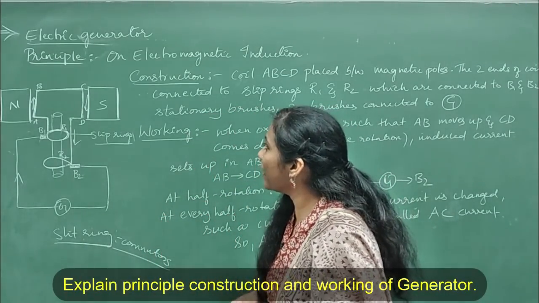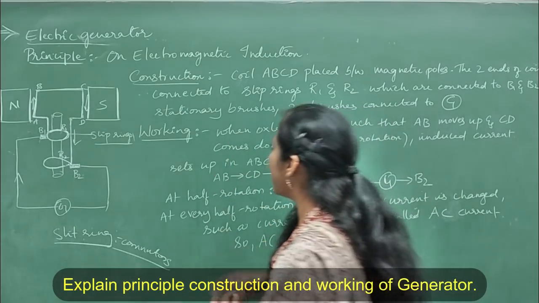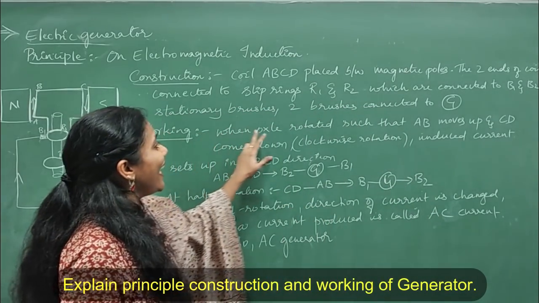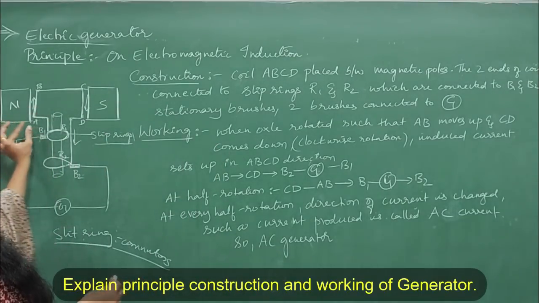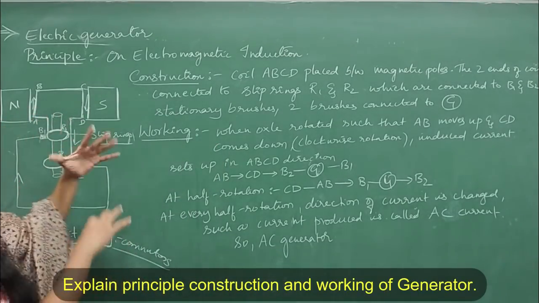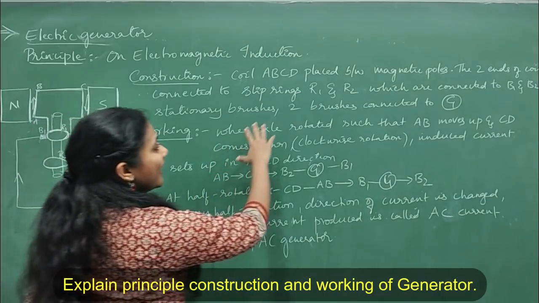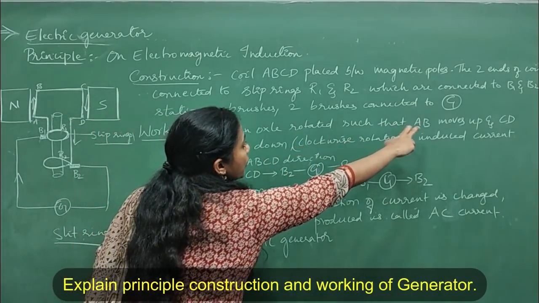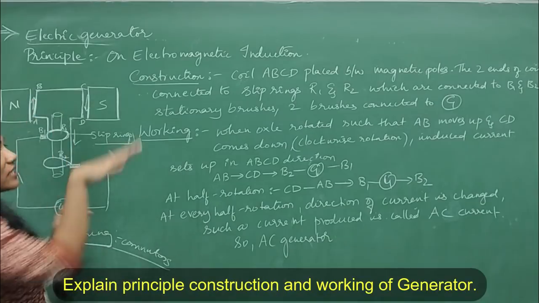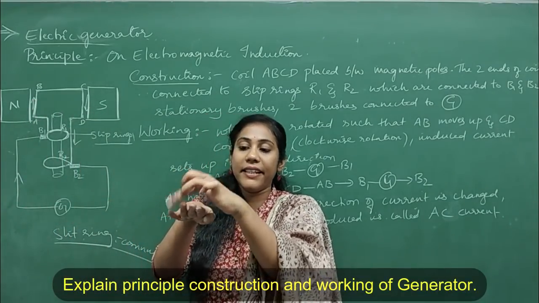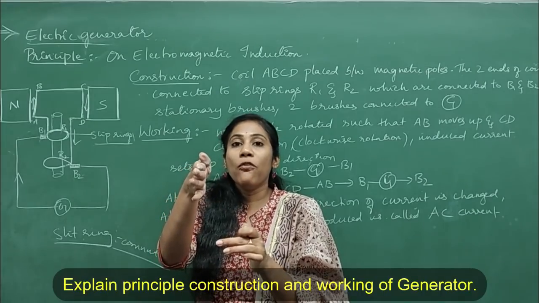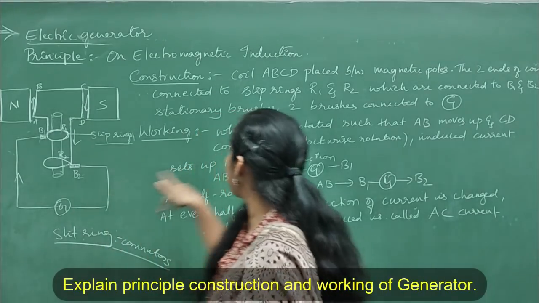Okay, fine. Now we will see the working. Working is very simple. When the axle rotates, with its help we rotate this armature coil. I rotate the coil so that AB moves up, and automatically CD comes down, right?